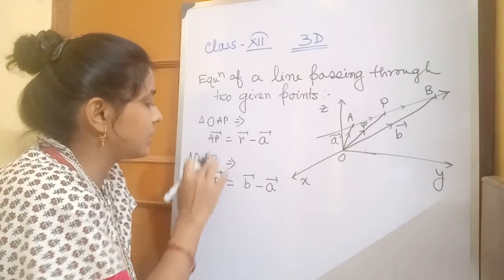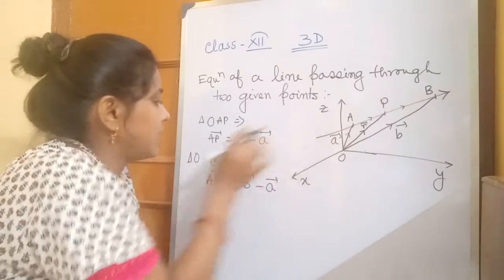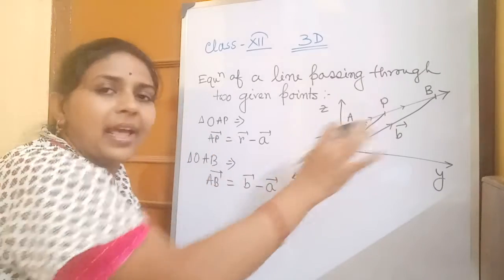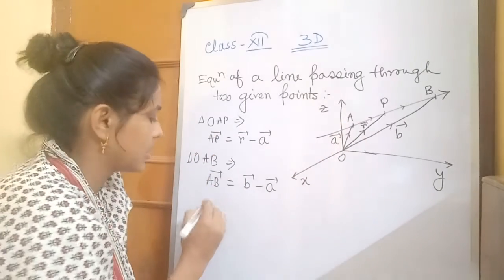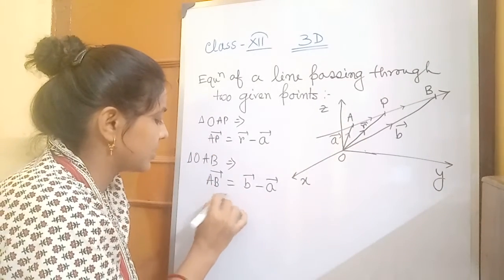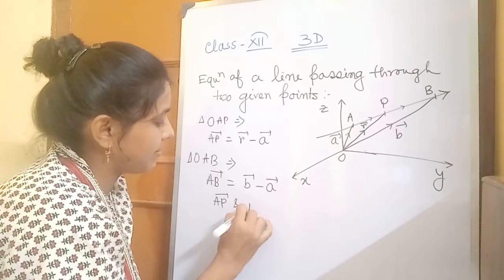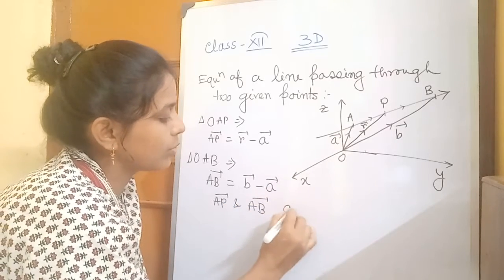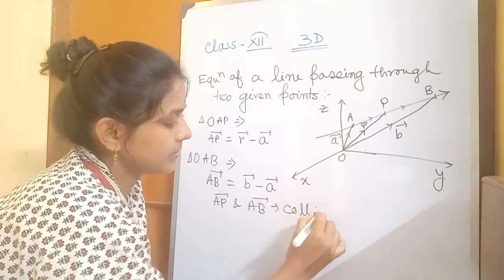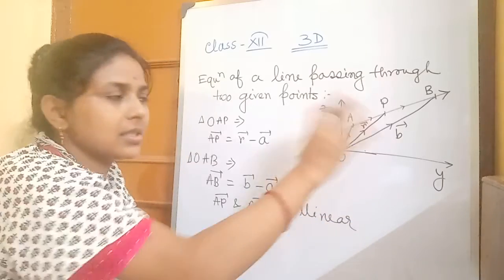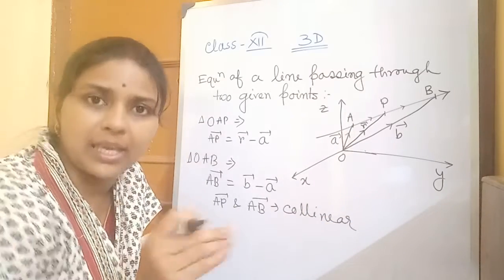Now from these two, one thing we can see: AP vector and AB vector are collinear vectors, because they are on the same line.